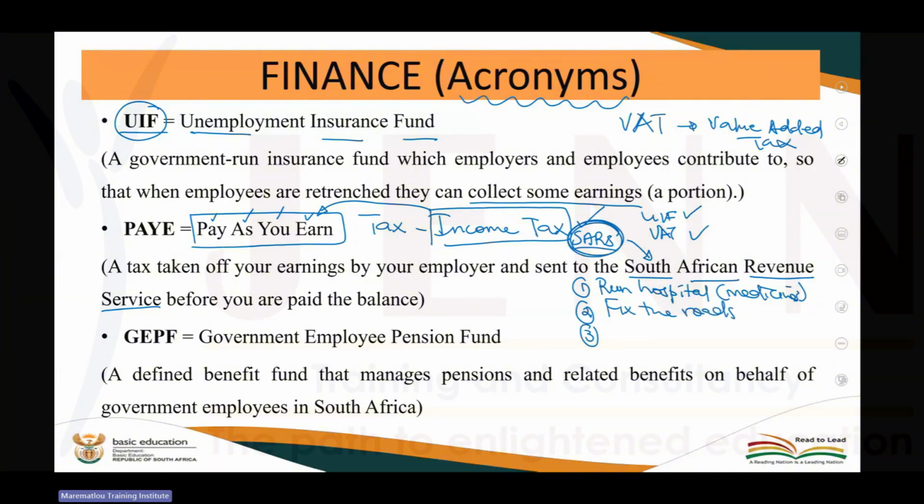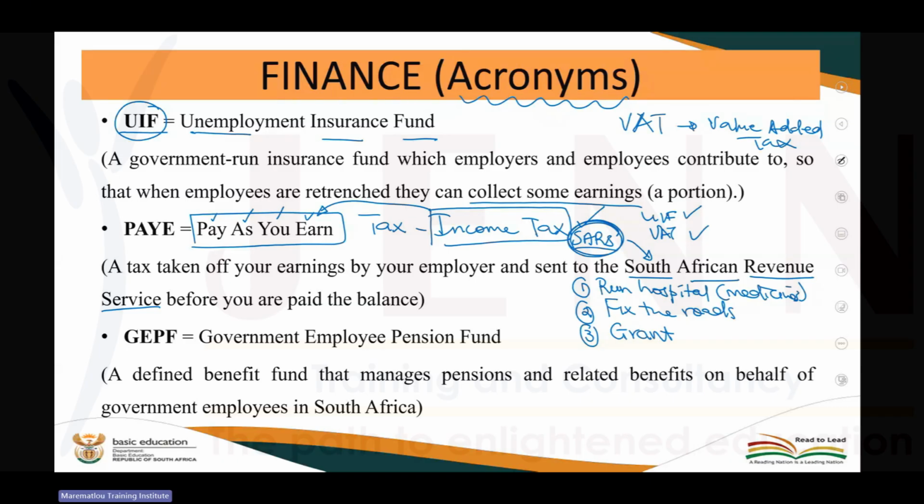And what else? What about the money that our elderly people are getting? Yes, to pay the grants. The grants. I wanted that. You see that? So there are lots of things.